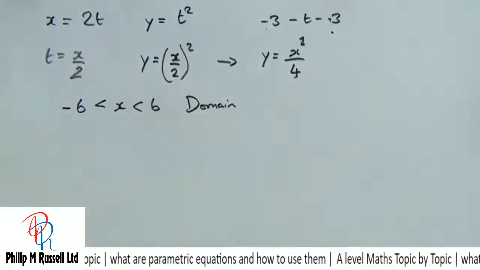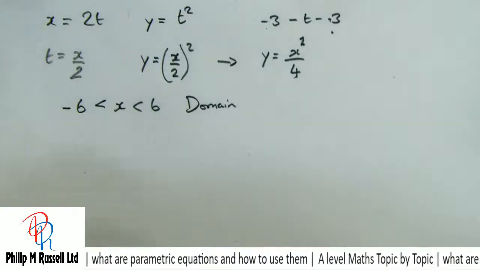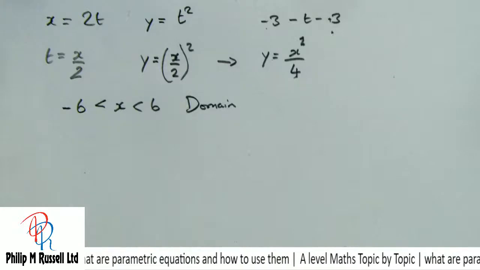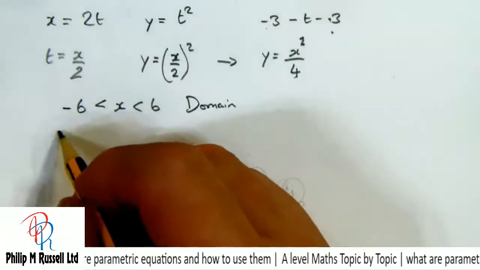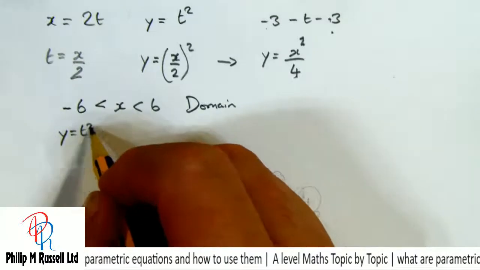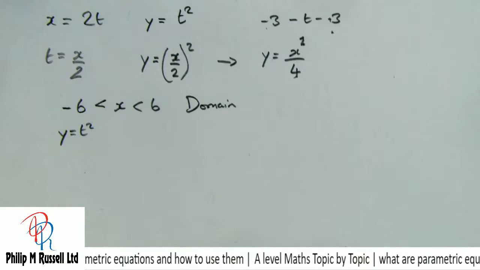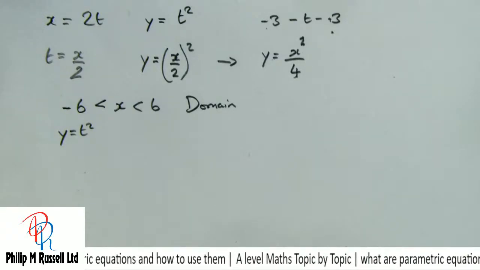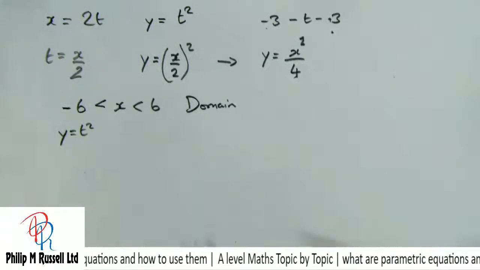We also need to work out the range. The range of the function is the range of the parametric function for y. So we've got here y is t squared. Now that can equal 0. So what we can do is look at this and see what it's going to be.